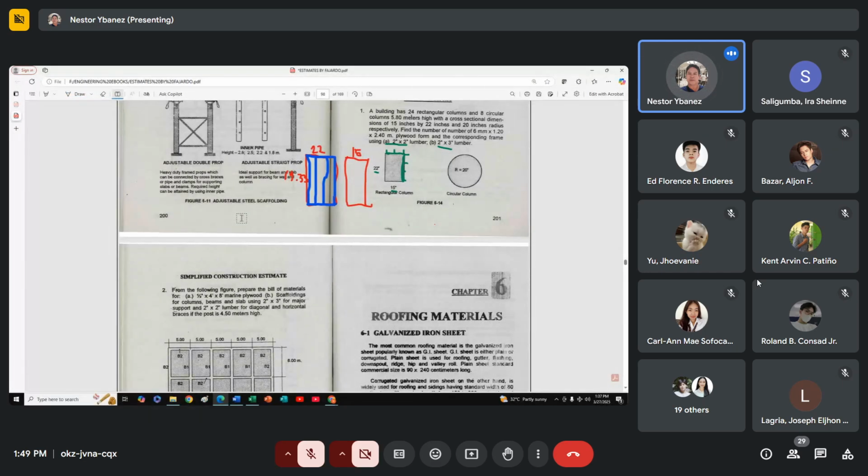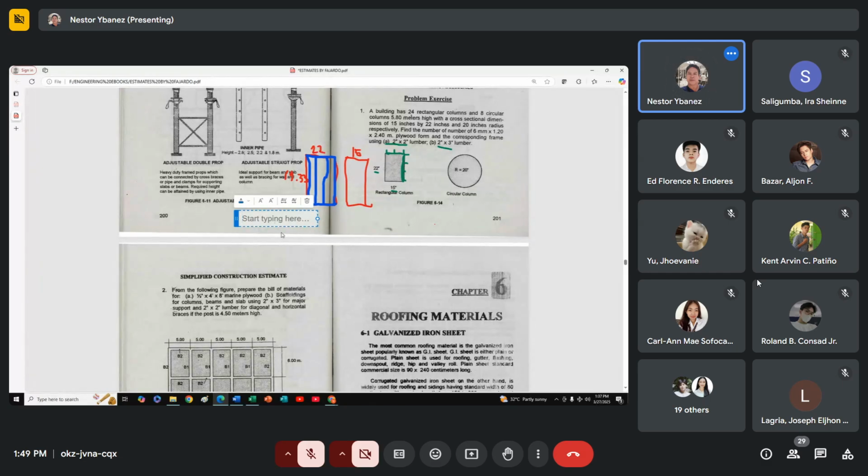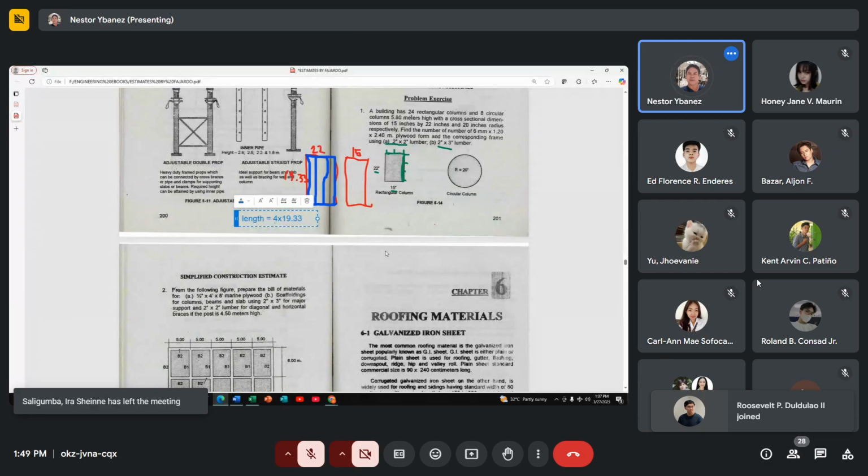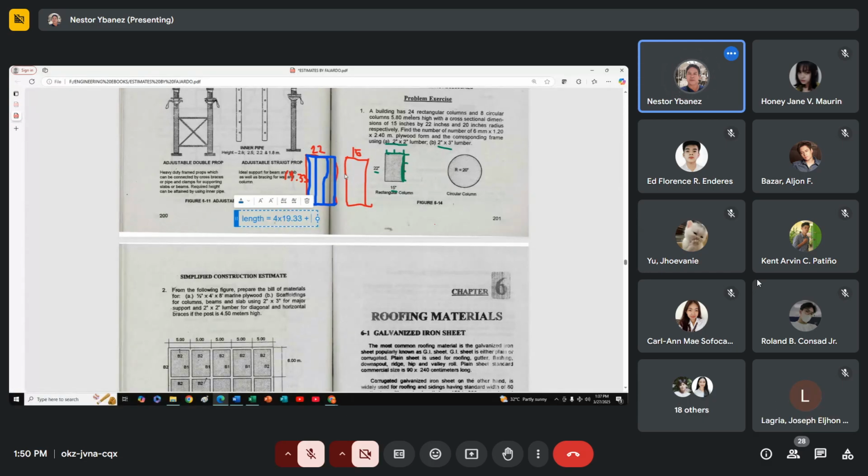The total length is equal to 4 times 19.33 plus the 22 inches converted into feet, 22 divided by 12, which is 1.83, times 2.